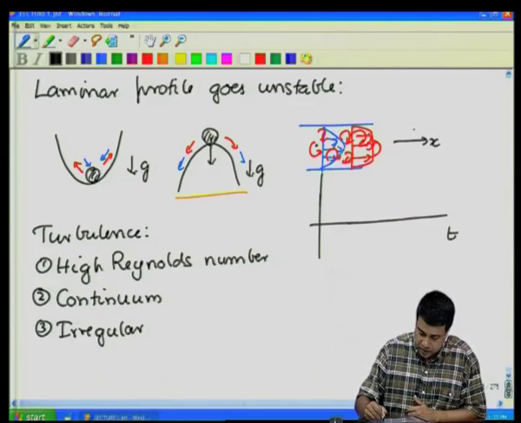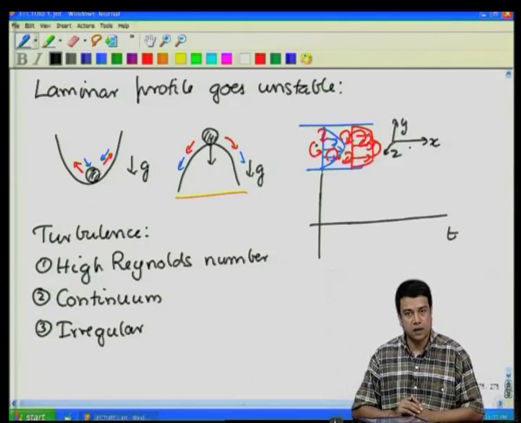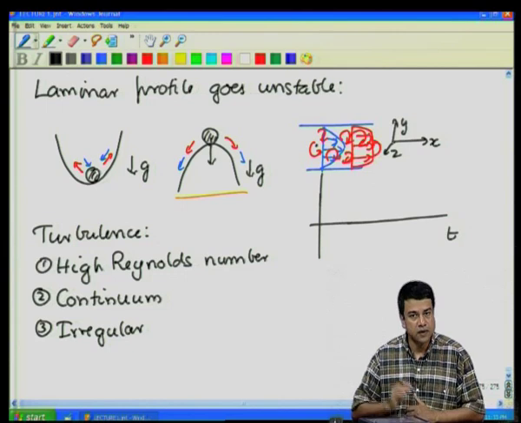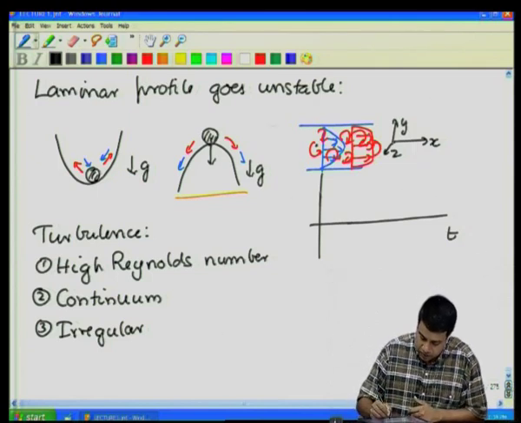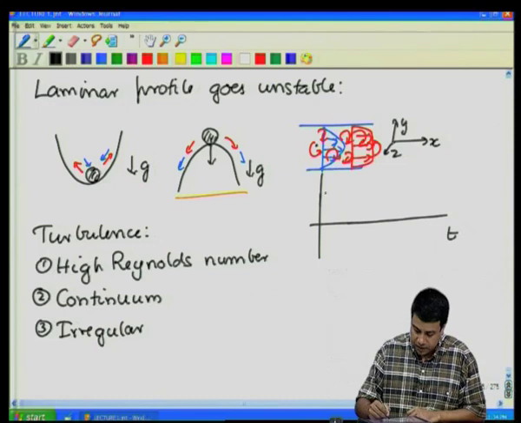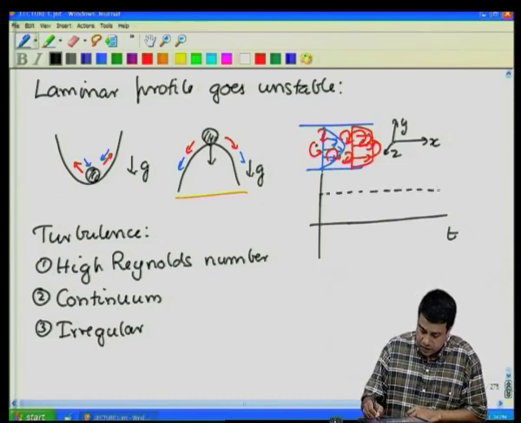X is the flow direction, and y and z are the two directions perpendicular to the direction of flow. Y is the direction of the gradient, the direction in which the mean velocity varies. If I plot the velocity u x, of course, it has an average value, the mean value at that location.